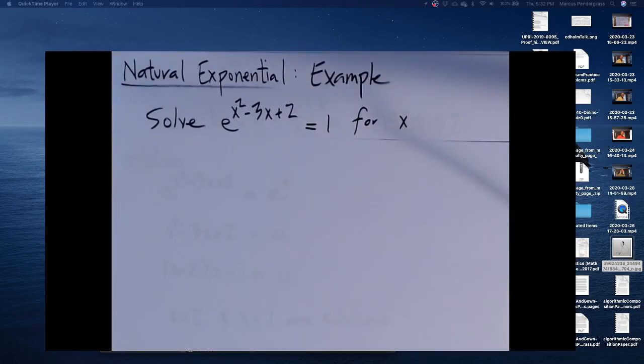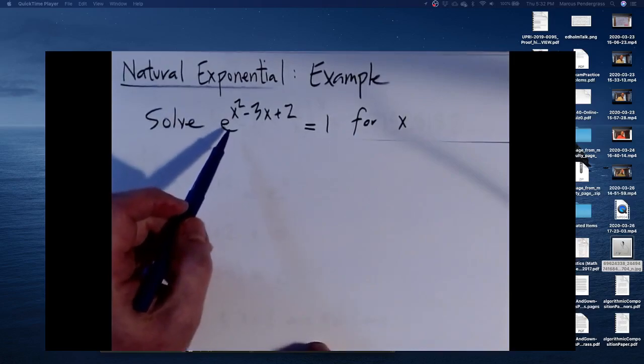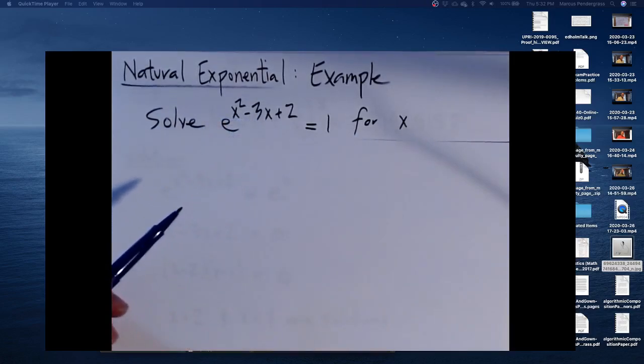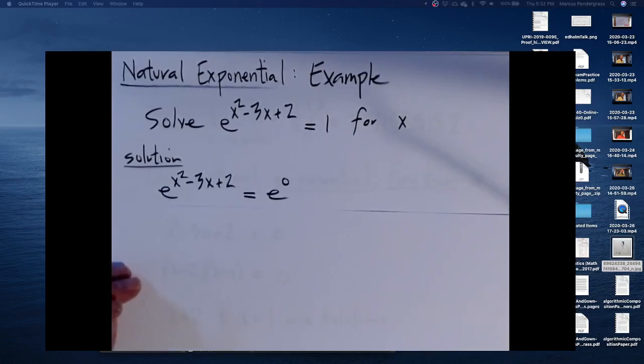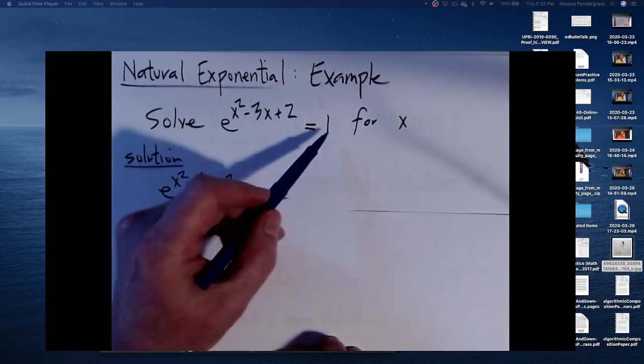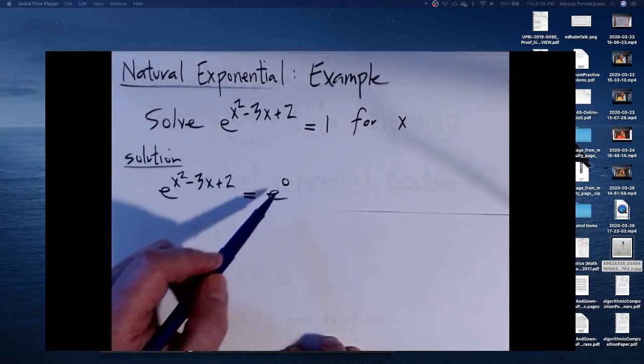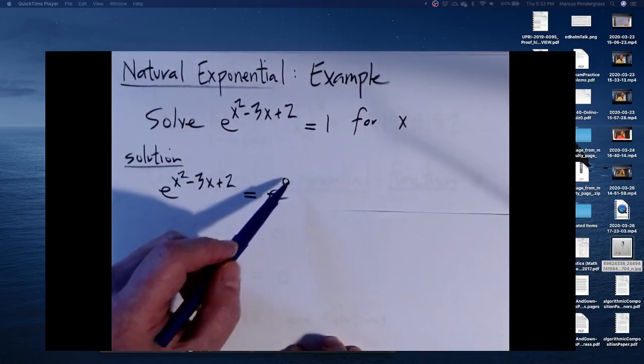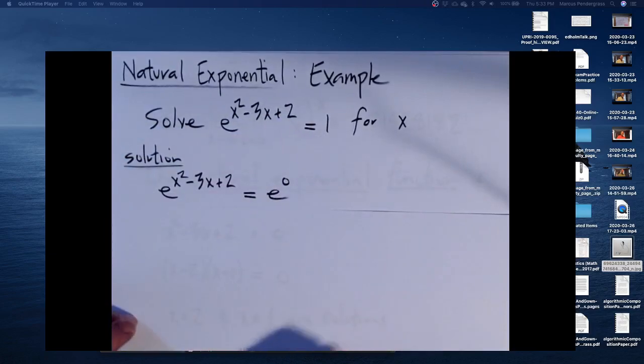Suppose we wanted to solve this equation, e to the x squared minus 3x plus 2 equals 1 for x. Well, given what we know right now, we need to write 1 as some power of e. Of course, that would be the 0th power, because e to the 0 power is 1, just like anything to the 0th power is 1.